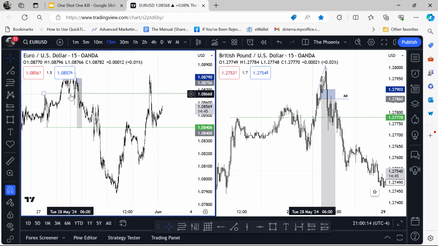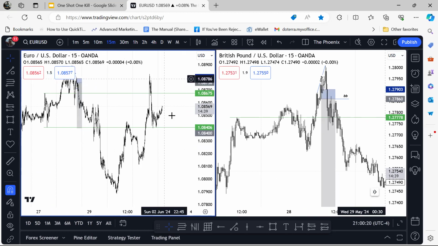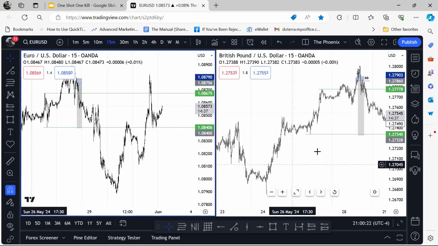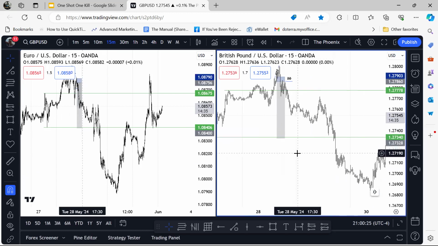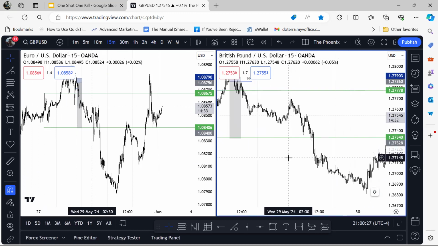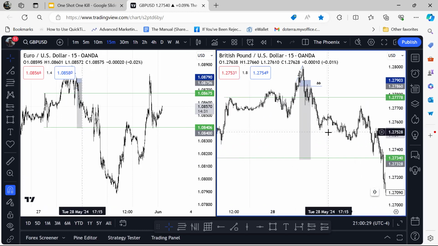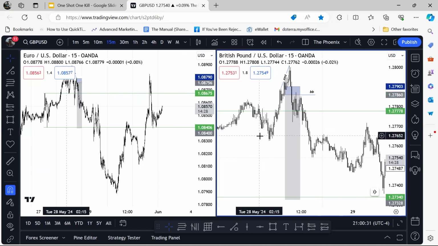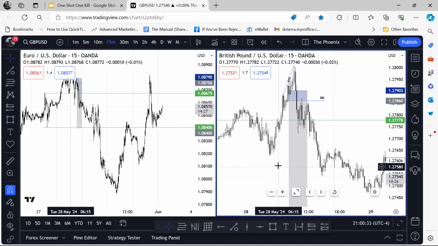Remember, I said in the earlier part of the video that the entries don't always come on a Wednesday. They can come on a Tuesday, a Wednesday, a Thursday, or a Friday. So we're not necessarily using the initial balance in this case. If you decided to take the trade on the pound, it would have still been a beautiful trade.